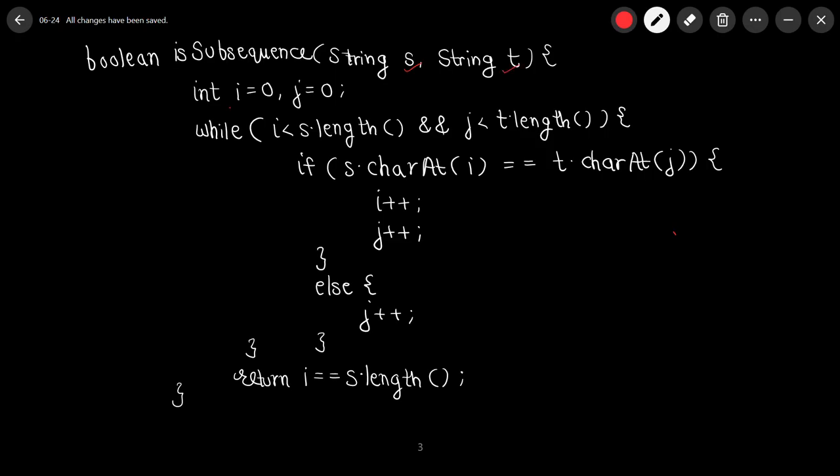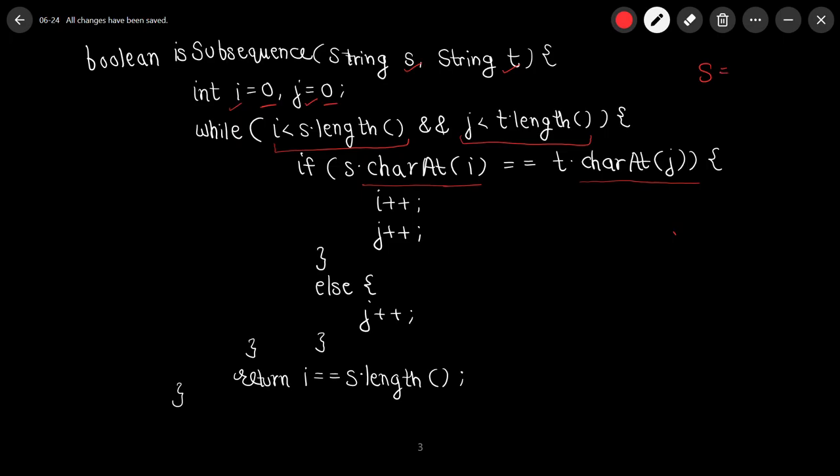As told, we take two pointers i and j, initially pointing to the zero index. Now we put this while loop, and inside we put these conditions: i is less than s.length and j is less than t.length. See, we are matching characters, right? And we can access characters only if they are within the range of the string.